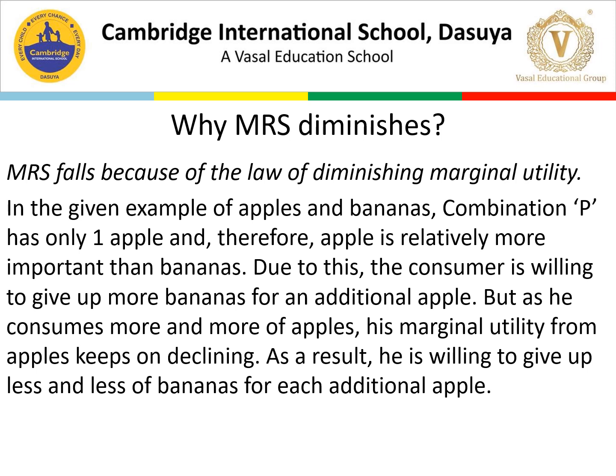So we are giving up fewer bananas for each additional apple. This is what they have mentioned here, and this is why the MRS diminishes in the case of apple and banana.